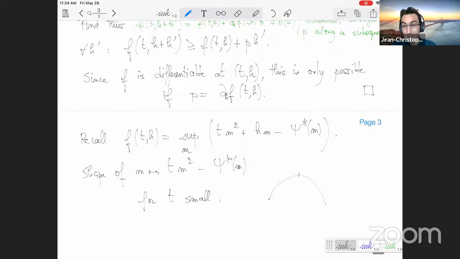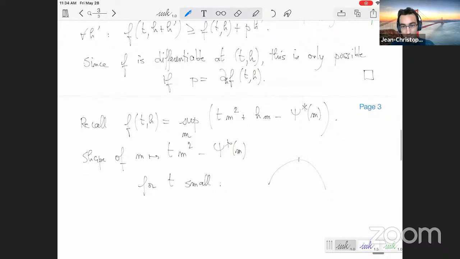Yeah, and I should have said, how do you figure out the derivative from this? Let me finish with just finding where the optimizer is, and then I'm going to explain how you deduce the value of the derivative from that observation. So for now, we focus on where the optimizer of this function is.